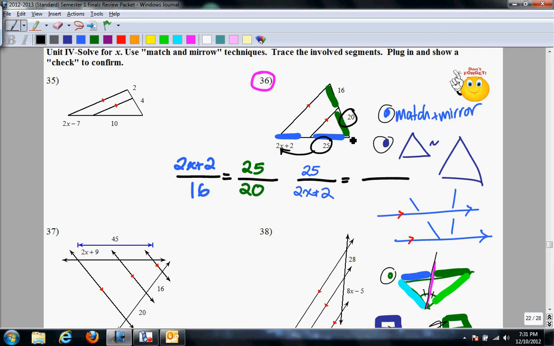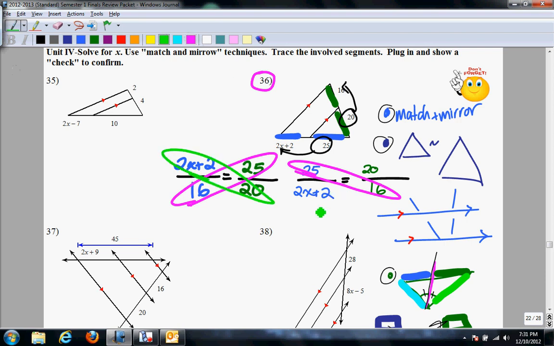If I'm going point towards bottom, I have to go 20 over 16. If you look very carefully, you're going to end up with the exact same thing. Look, 16 times 25 equals 20 times 2x plus 2.